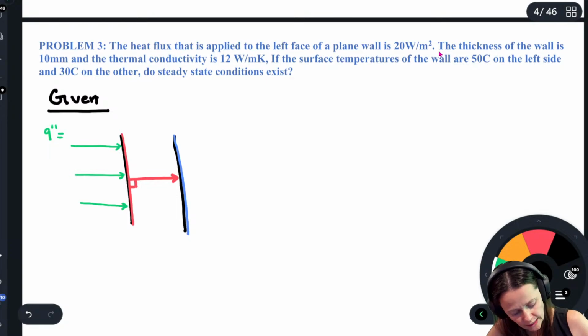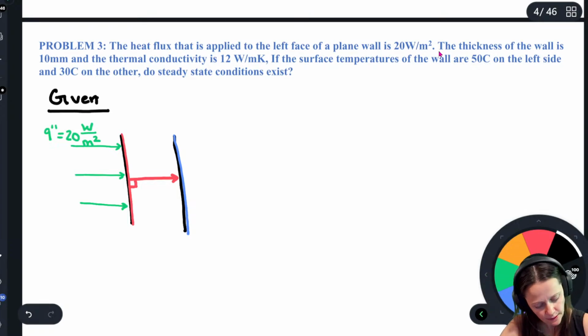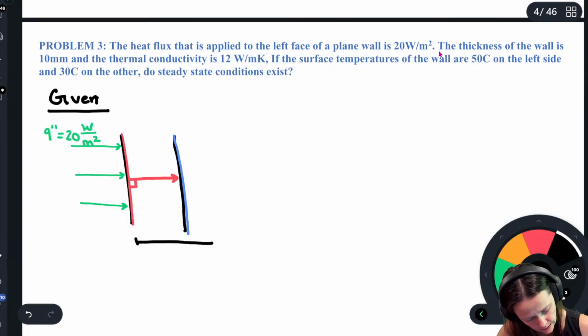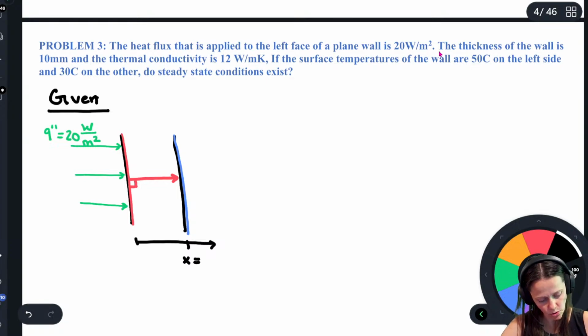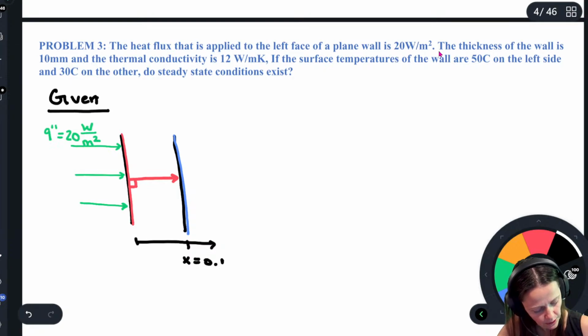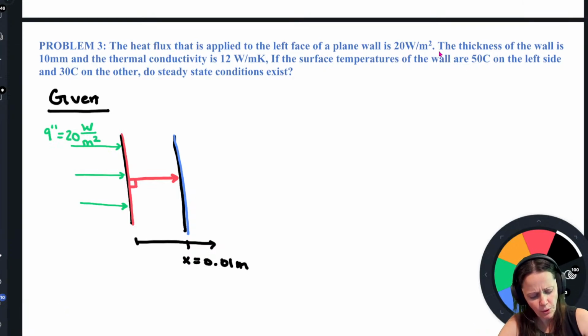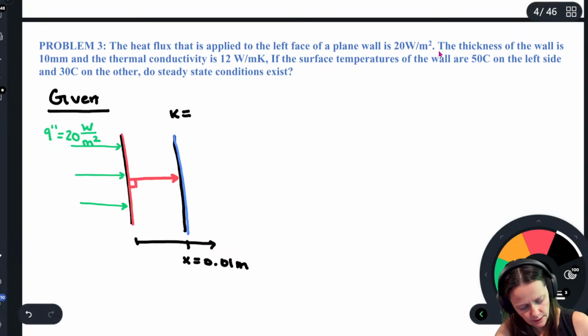So this is 20 watts per meter squared. Thickness of the wall is 10 millimeters, so 0.01 meters. Thermal conductivity is 12 watts per meter Kelvin.